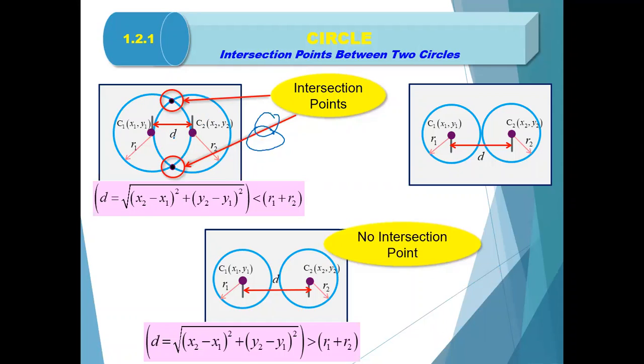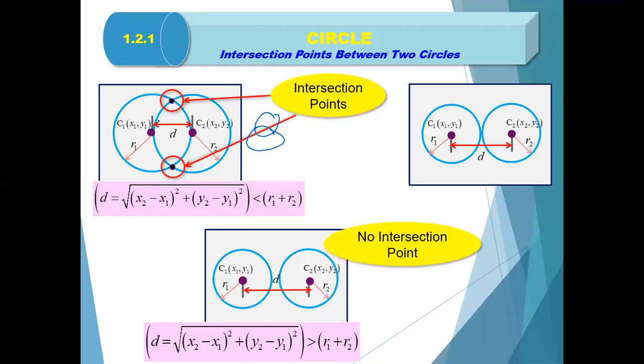That is the distance. So D is the distance formula, the square root of (x2 minus x1) squared plus (y2 minus y1) squared, which is less than radius 1 plus radius 2.